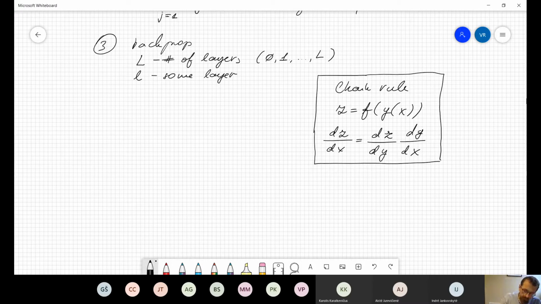Another thing, for the notation: we have an error, and we will have an i, which is the observation index, like xi, yi. And then we have an f, let's say.